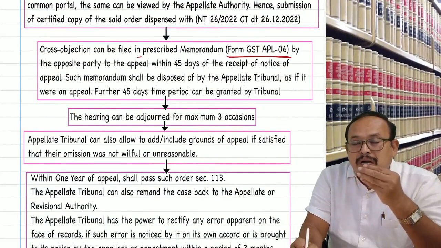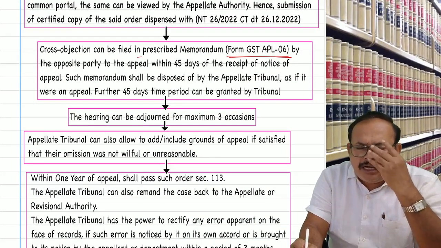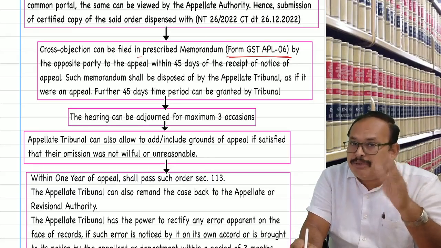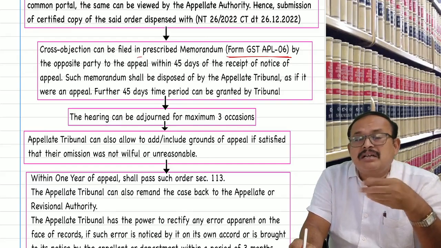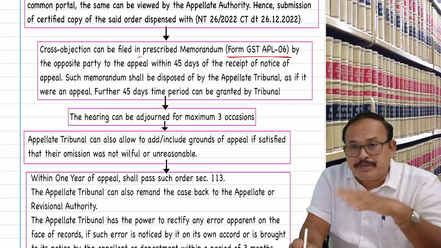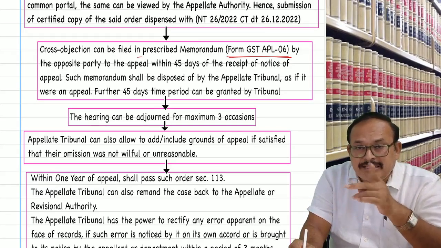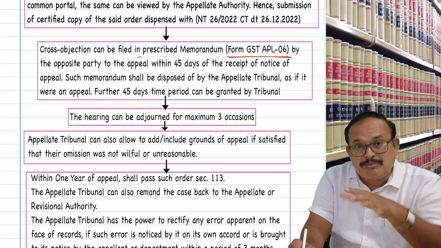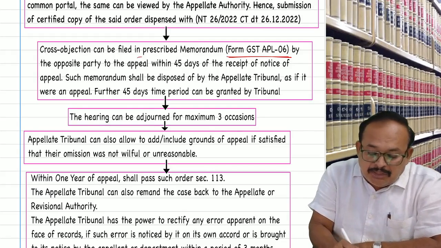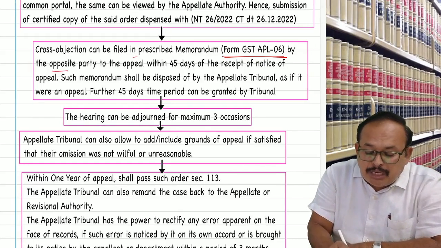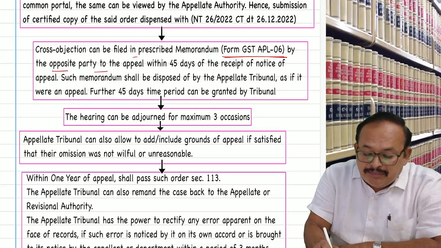APL 04 is an application, APL 05 is an appeal to the tribunal by the taxpayer, APL 07 is an appeal filed by the department to the tribunal. In between 5 and 6, APL 06 is a cross memorandum that can be submitted by the parties, the opposite party to the appellant, within 45 days of receipt of the notice of the appeal.